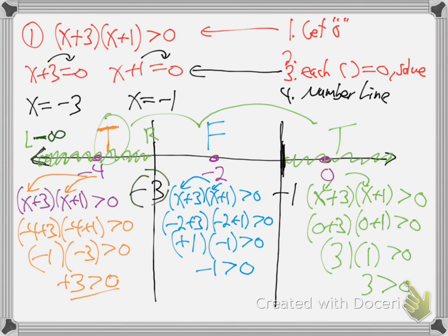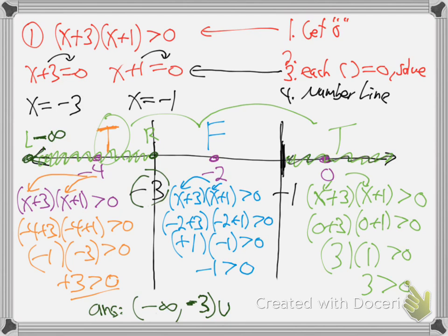So this interval, here's my answer down here. This interval goes from negative infinity to negative 3. And, right, because it's the left edge, right edge of that section, united, that U just means unite, connect to.